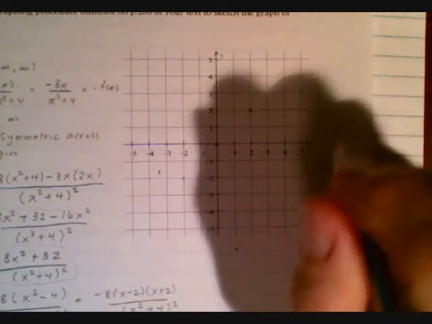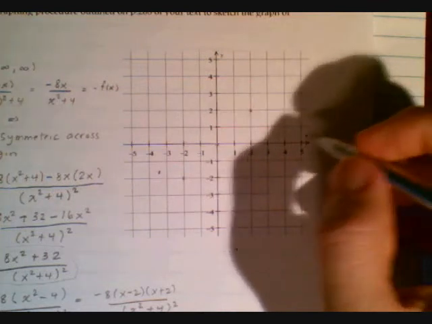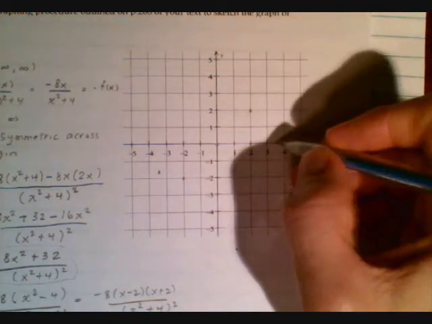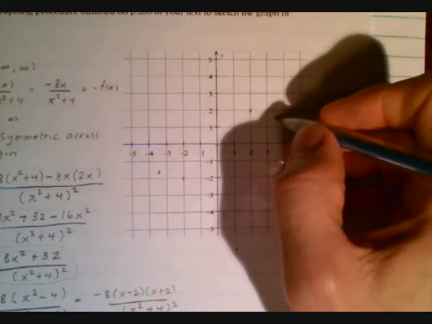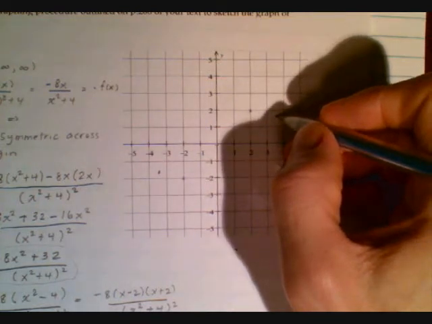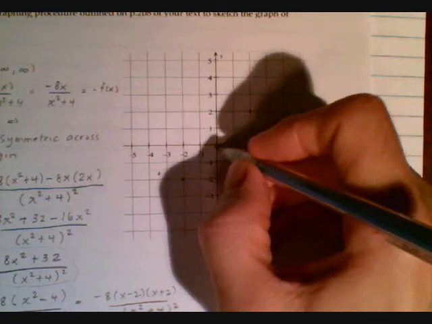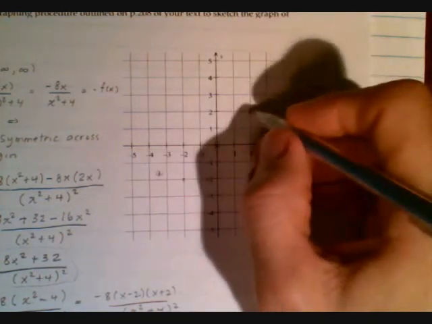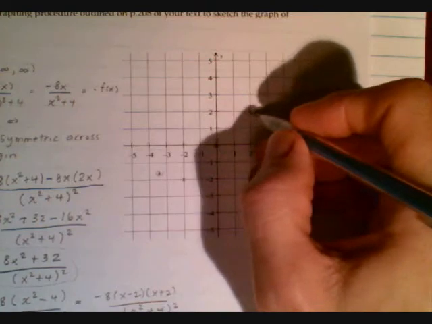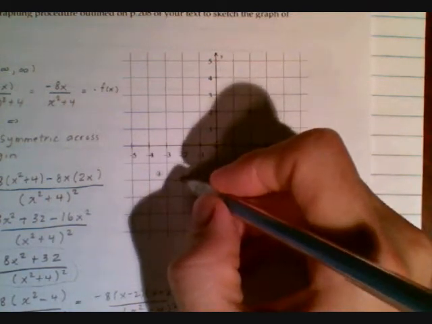And the third inflection point is 2 square root of 3, which is about 3.5, and the y-coordinate is square root of 3, which is about 1.7. So these are points of inflection. This is a local max. This is a local min.